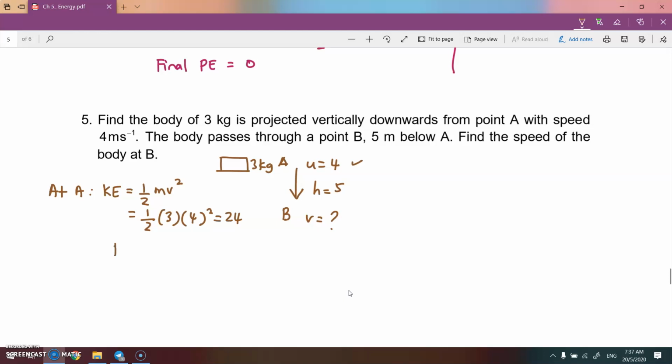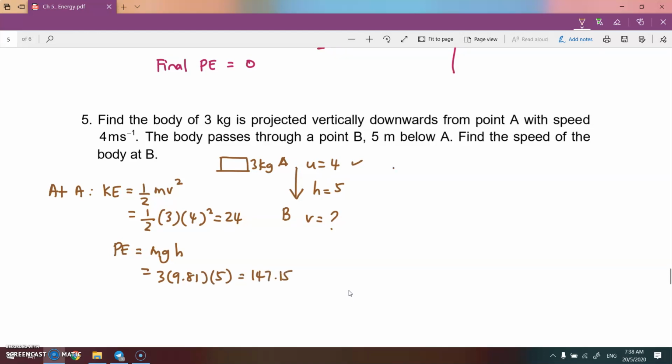How about the potential energy? Point A is up to B. So potential energy is mgh. Your m is 3, 9.81, height is 5. So you will get 147.15.